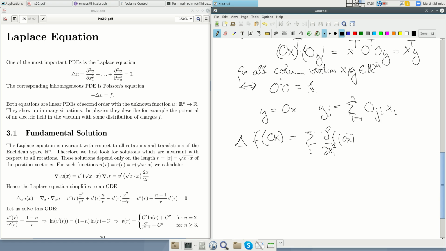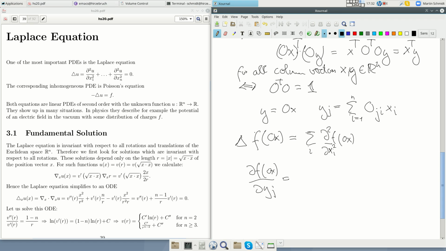Let's call the derivative with respect to the coordinates y by y. Now, df of Ox divided by dx_i.